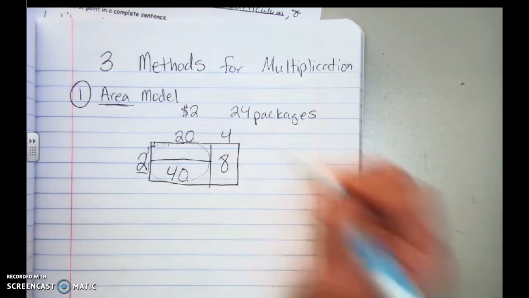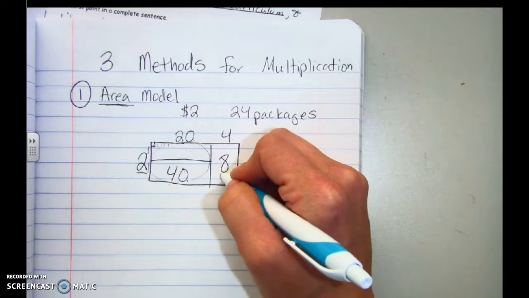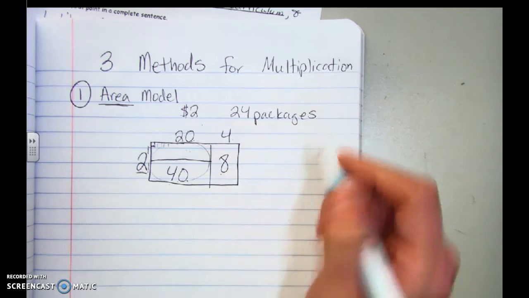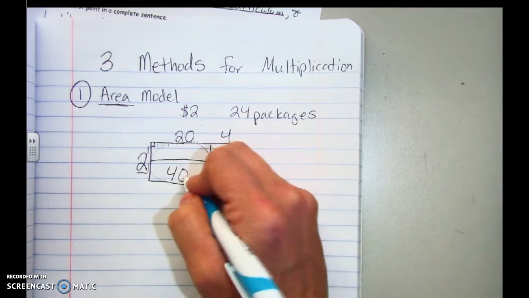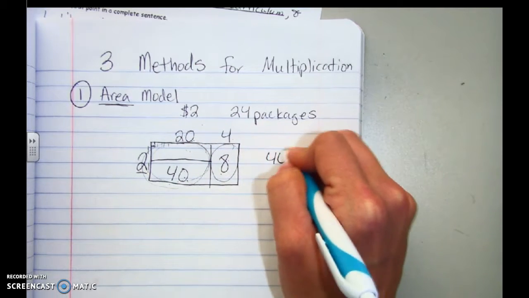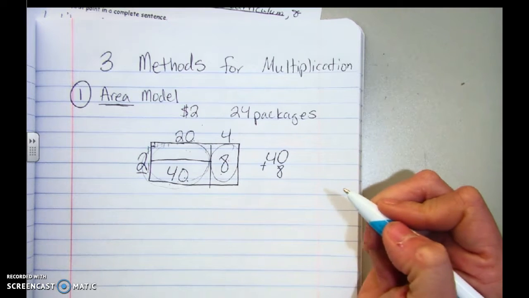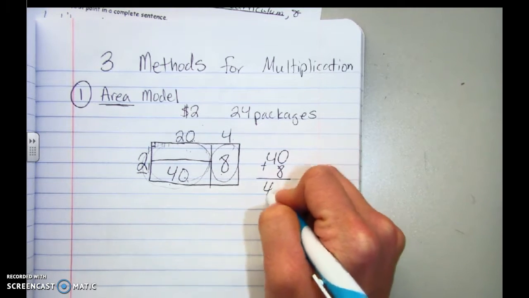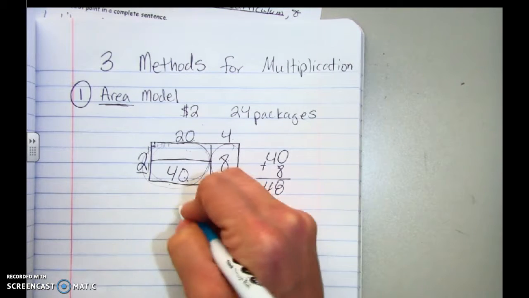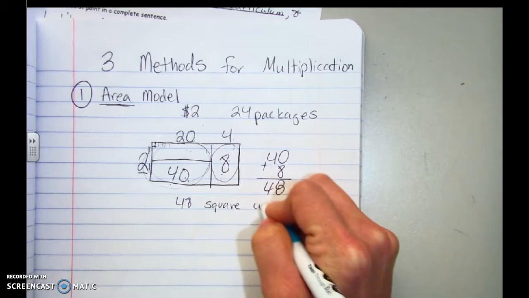So I'm going to write my 8 in my box. That's telling me that in this entire box, there are only how many squares? 8 squares. So I take the 2 answers for all of this area and all of this area, and I add them together. So 40 plus 8 is 48. There are 48 square units.